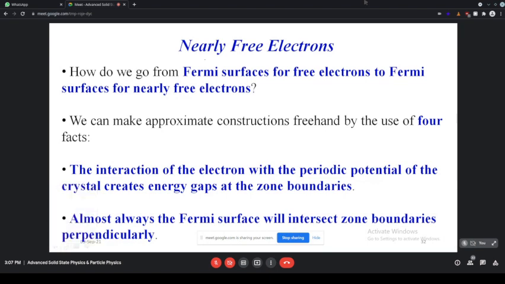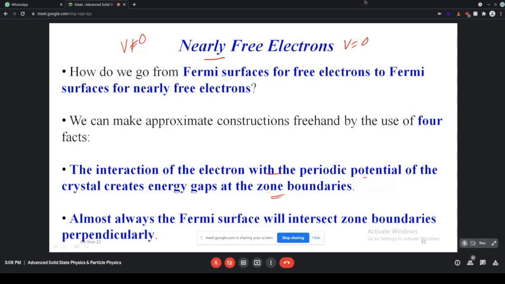In free electron theory, V is equal to 0. In case of nearly free electron theory, V is not equal to 0, and the interaction of the electron with the periodic potential creates an energy gap at the zone boundary.